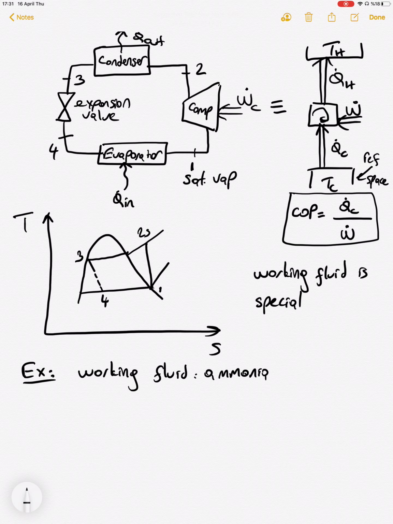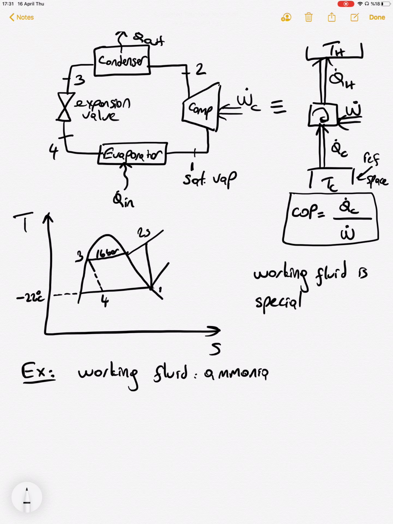The ammonia exits the evaporator as saturated vapor at minus 22 degrees Celsius. So here this is state 1, and this is minus 22 degrees Celsius, and the refrigerant enters the condenser at 16 bar and 160 degrees Celsius.